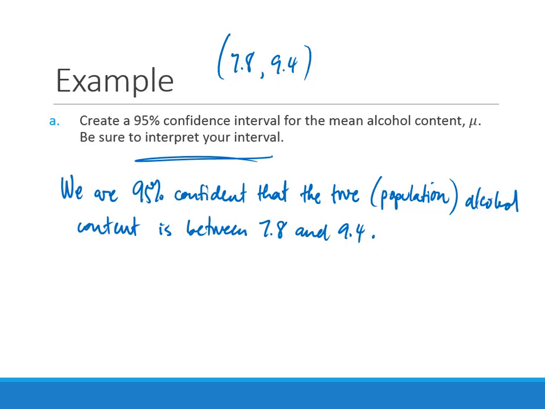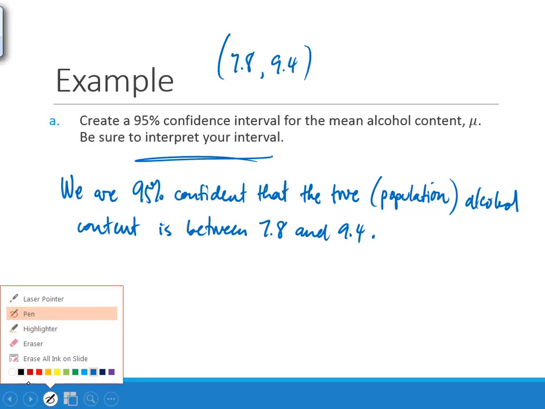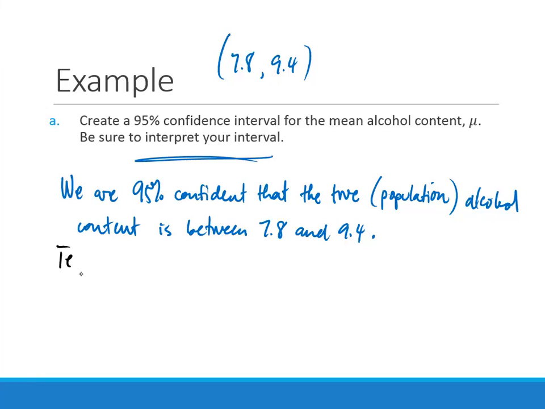Again, we're saying we're 95% confident that the true population alcohol content is between 7.8 and 9.4. This is a good template to use.